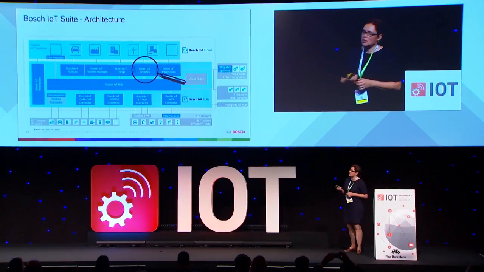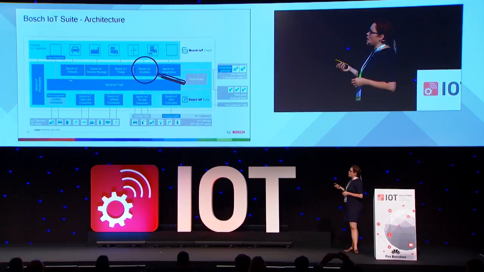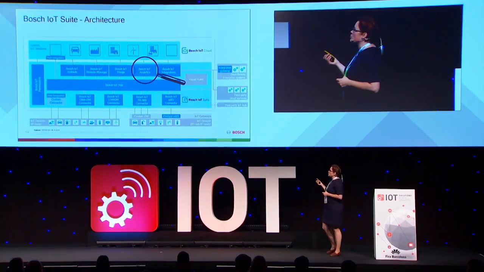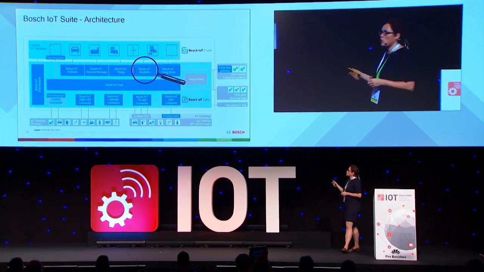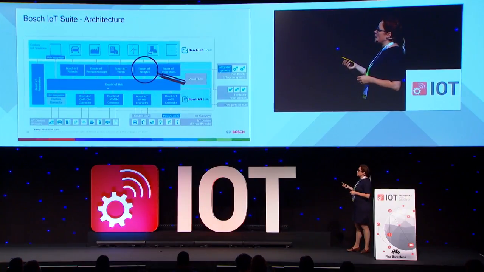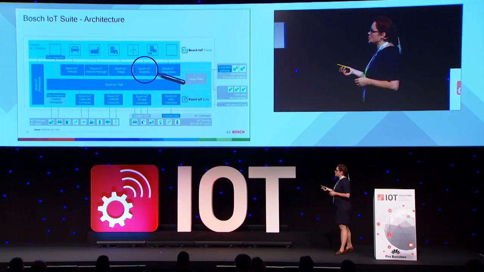As you can see here, this analytics is connected via the Bosch IoT Hub with the other Bosch IoT Suite services. It could, for instance, take data coming from connectors, like the lightweight M2M, and from devices such as an e-bike or a car, as you see here.